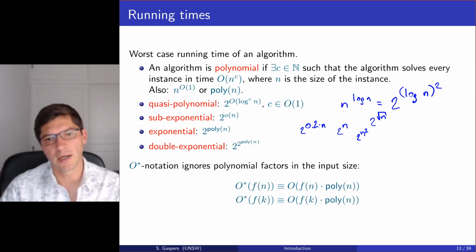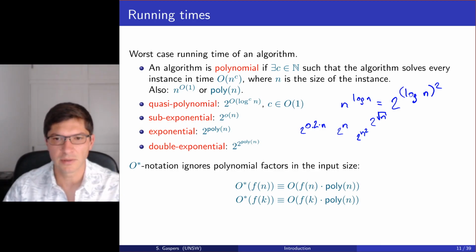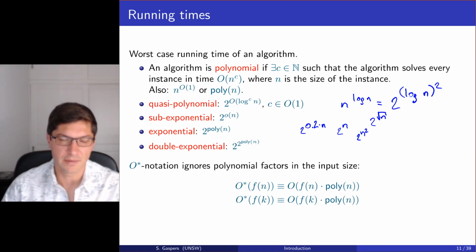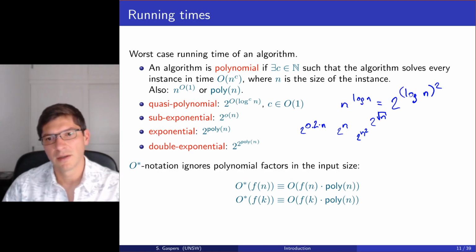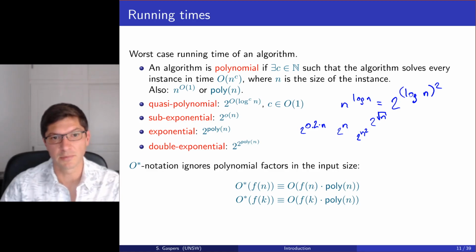Okay, and then oftentimes when we write out the running time of an algorithm, specifically if we have an exponential time algorithm, we often want to ignore the polynomial factors because they grow asymptotically much slower than the exponential part.